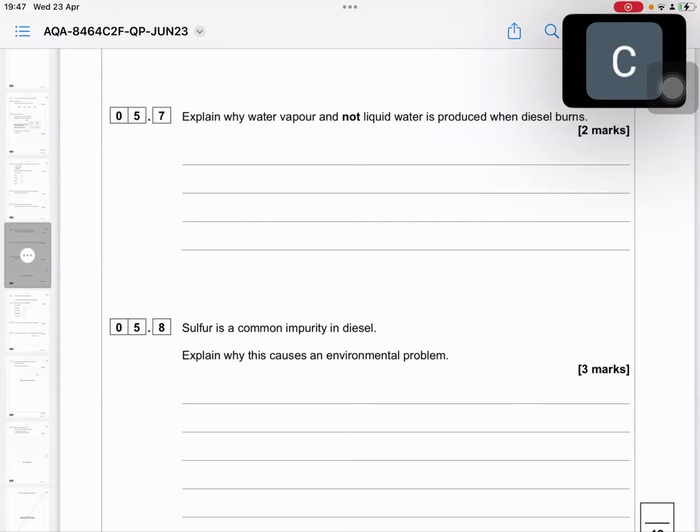Now imagine that high temperature is higher than the boiling point of water. So do you think water would be able to stay as liquid water at that temperature? No, it won't. So it's just because it has exceeded the boiling point of water. There's no way it would remain as liquid water. It would definitely be what? Water vapor. Okay.